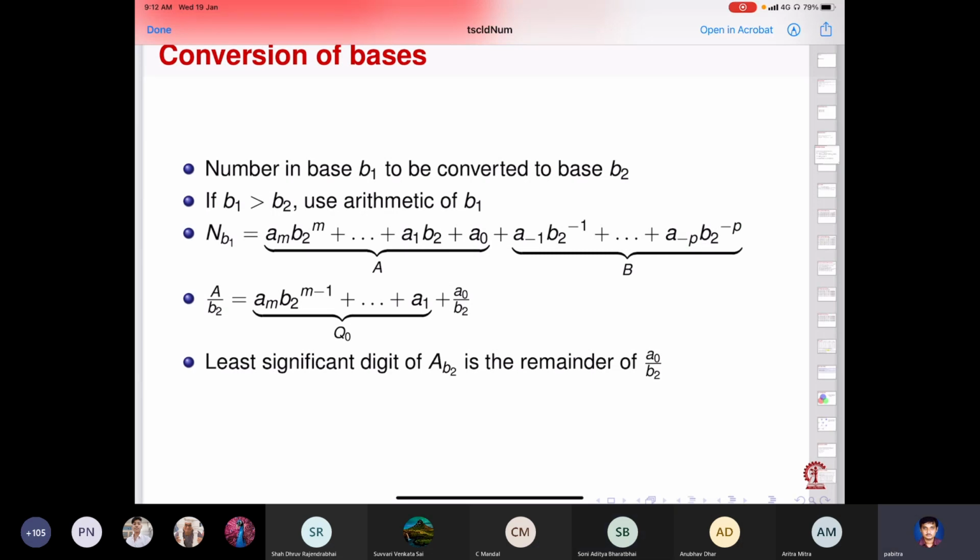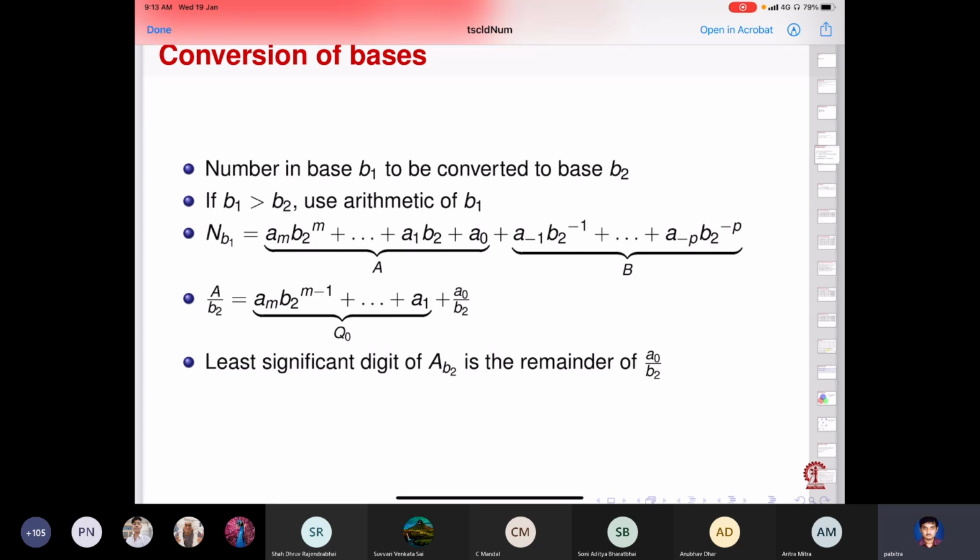That's correct. We will later figure out why you have written this notation. So A0 mod B2 is the same as A0 if A0 is less than B2. Let's live with that for now.